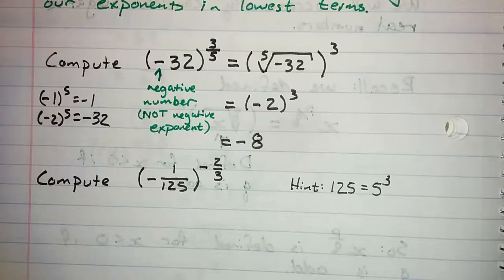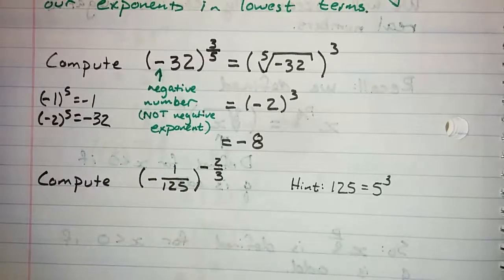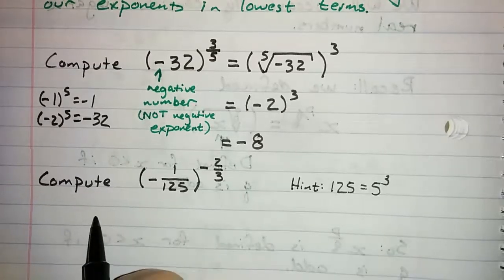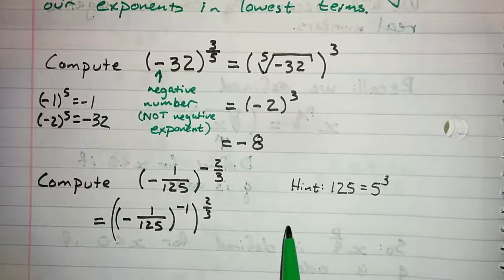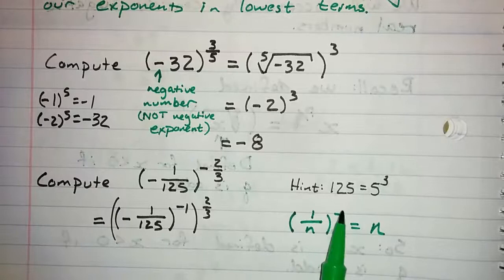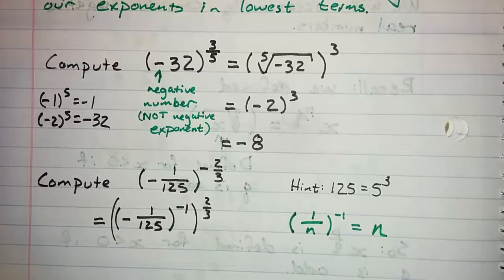All right, so because this is a fraction already, I'm going to use the -1 power first. But watch. This -1 power is just going to take the reciprocal. 1 over n to the -1 power is just n, even if n is a negative number.